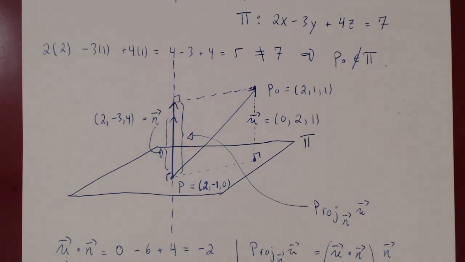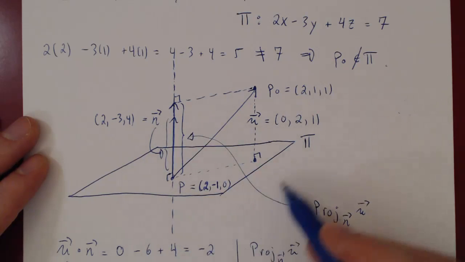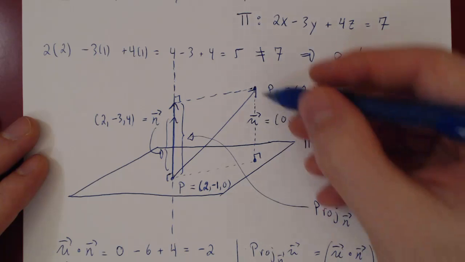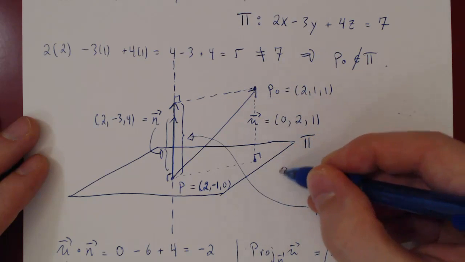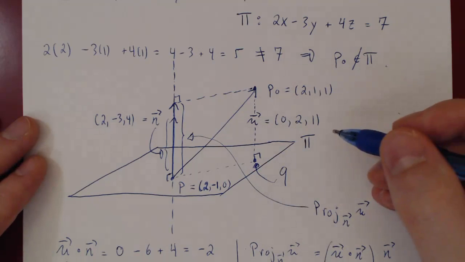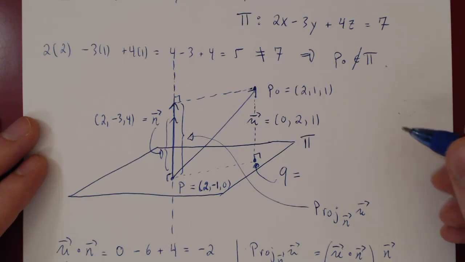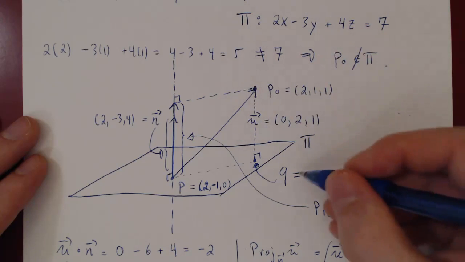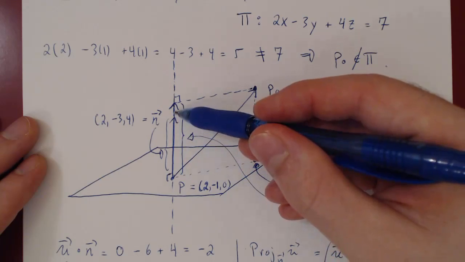We could ask one more question, and that is, of course, what are the coordinates of the point on the plane lying closest to P0? Well, looking at the picture, this is the point right here. Call this point Q. And it shouldn't be too hard to see how we can compute point Q. If you're standing on point P0, you have the projection here of u onto n.